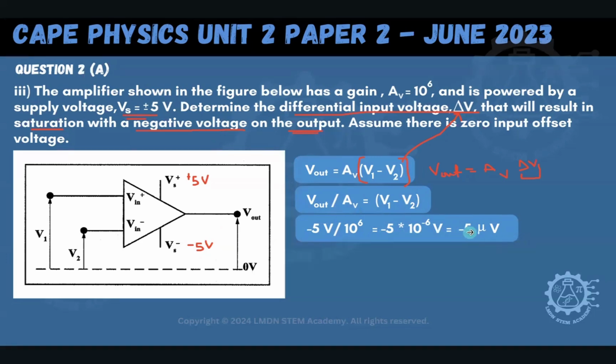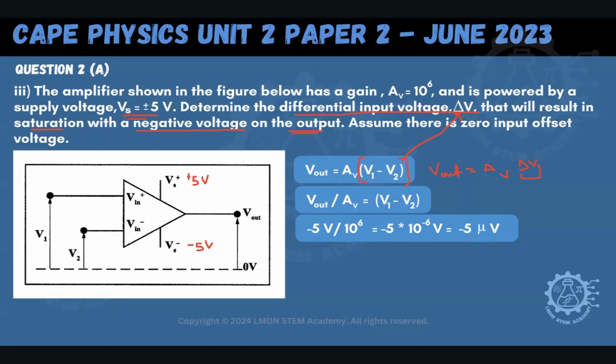When you really think about that number, guys, that's a really, really small number. But because your gain is so high, it saturates the whole thing. So we get negative saturation, we get negative 5 volts, and that corresponds to a delta V of negative 5 microvolts.